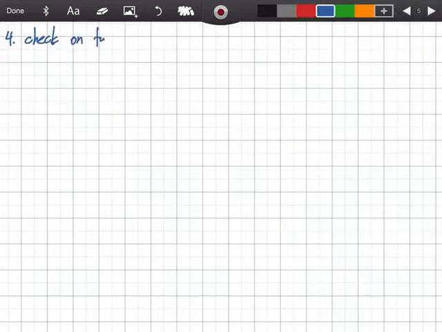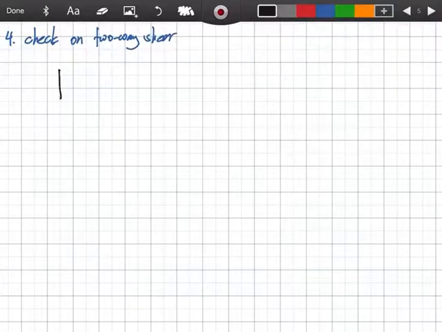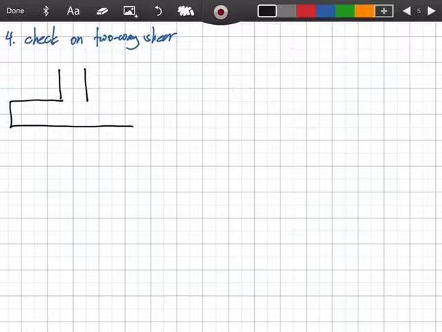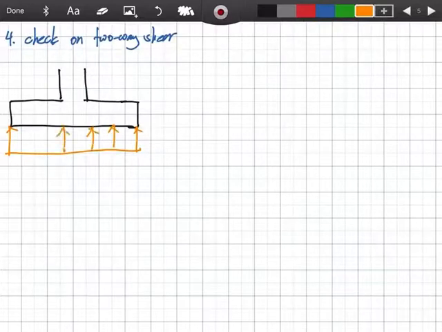So, check on two-way shear. In two-way shear, para mapadali ang computation natin, instead of using Qmax and Qmin, ang gagawin na lang natin, class, we're going to get the Q average. I-average na lang natin para pantay-pantay, para lang mapadali yung computation natin.